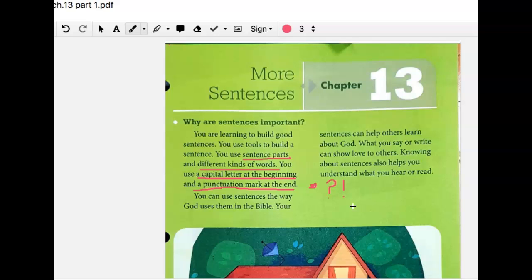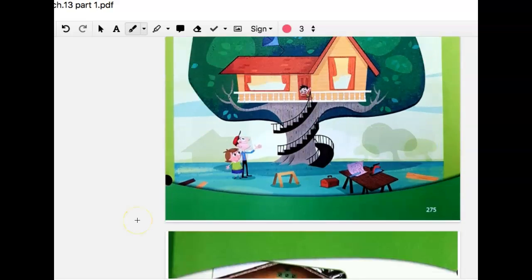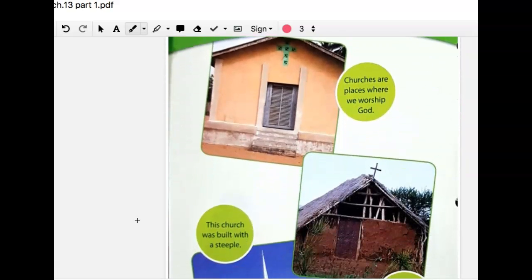They are important because you can use sentences to help others learn about God. You can show love to others by writing or speaking sentences. And also, knowing about these sentences helps you understand what you hear or read. Let's go to the next page.